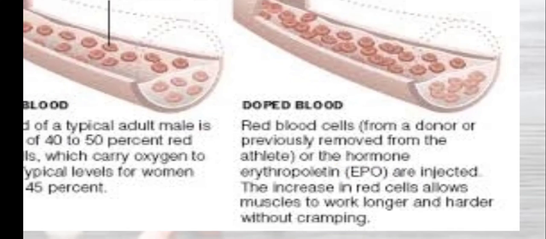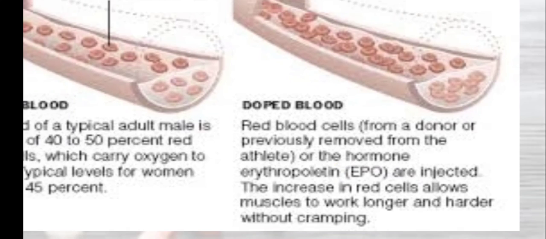Now the person who has doped the blood with the help of doping, you can see that RBCs from a donor or previously removed from the athlete, or the hormone erythropoietin, are injected. The increase in the RBCs allows the muscle to work longer and harder without cramping.